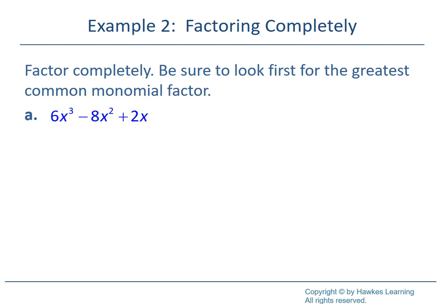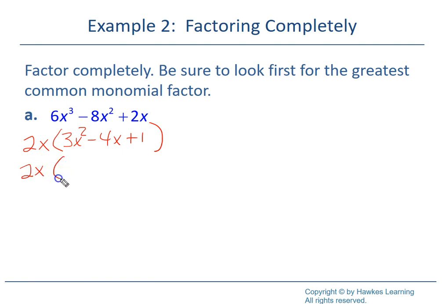All right, let's check this one out here. Hopefully you're pausing it to get time to write it down. And we have a 6, an 8, and a 2, so I know I can take a 2 out, and I can take an x out of every term, so 2x. And then this is 3x squared minus 4x plus 1.